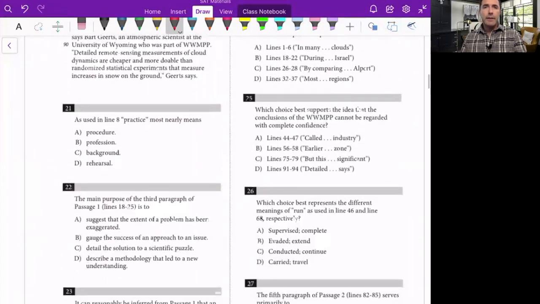So we go right down to the questions, and you'll see number 21, as used in line 8, practice most nearly means. Well, here's exactly what I have students do, and I'm able to show it to them, really right in front of their faces on the screen. It really works well. You'll see, as used in line 8, practice means.